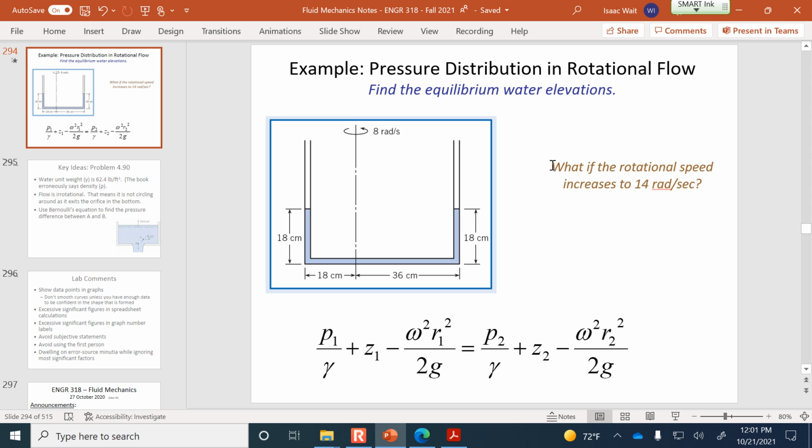Here I pose the question, what happens if you increase the rotational speed to 14 radians per second? So before you do any calculations, just think qualitatively that eventually all of the water that's here on the left will be in the right side. And then what happens at that point when you're spinning really fast is that, let me just draw this.